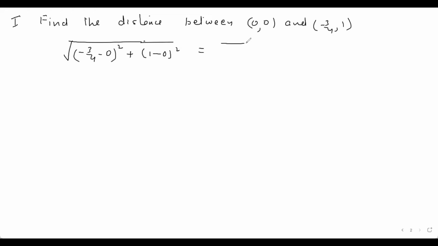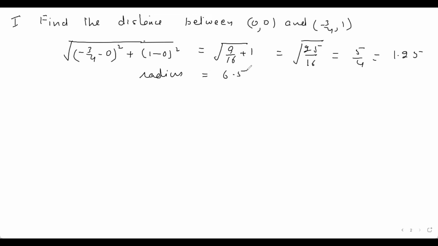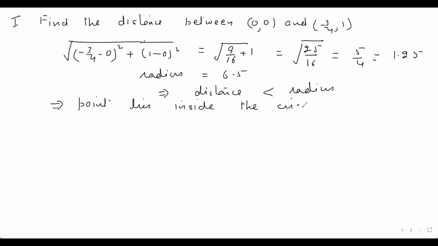That is equal to root of 9/16 plus 1, that is root 25/16. That is 5/4, that is 1.25. Radius we have already found, that is 6.5. And this distance is 1.25. So it implies distance is less than radius. It implies the point lies inside the circle.